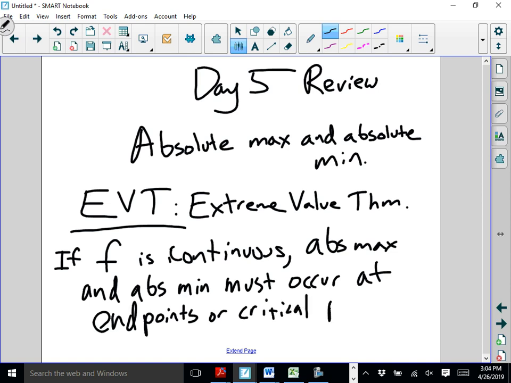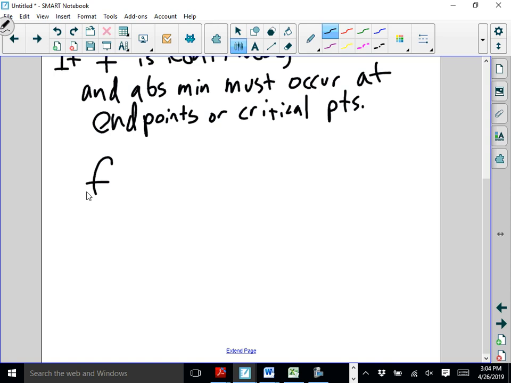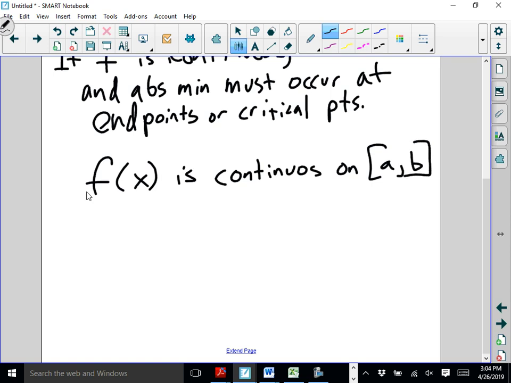So, if we have a function f of x, and we know f of x is continuous, okay? Let's say it's continuous on [a, b]. And I want to find the absolute max and absolute min.